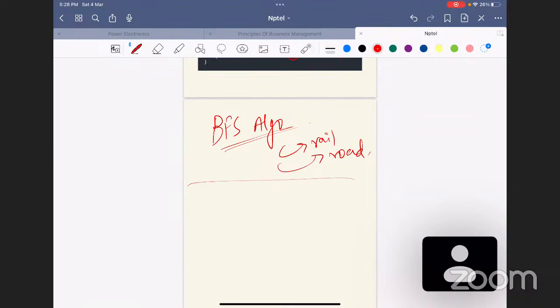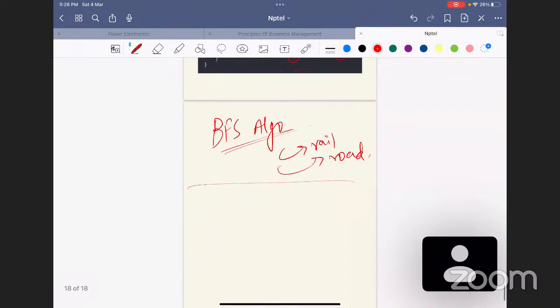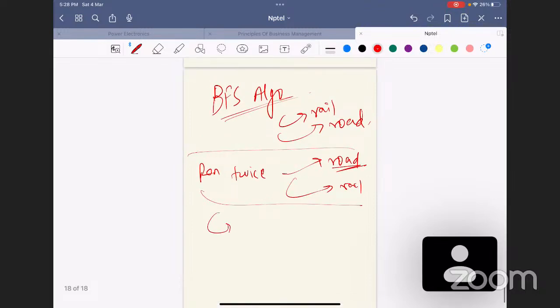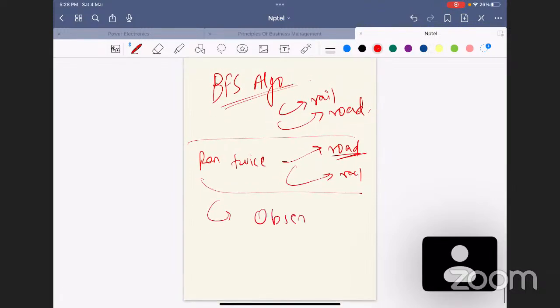I hope everyone understands the approach. Mostly people would have run the algorithm twice, once for the road network and once for the railway network. That will also work, but just in case you want to grow in CP, observation is very important. You need to observe things, right?